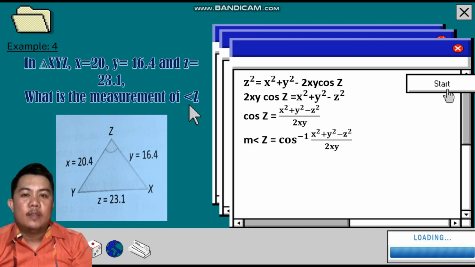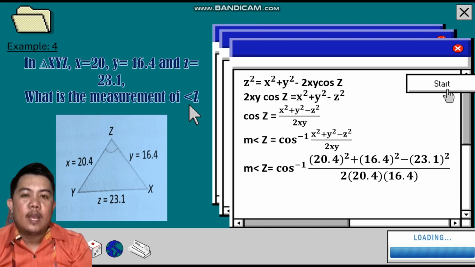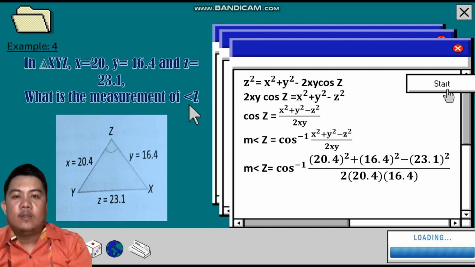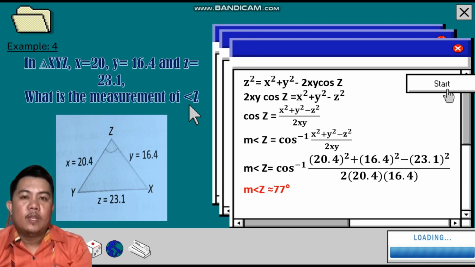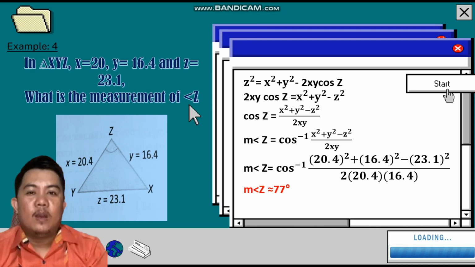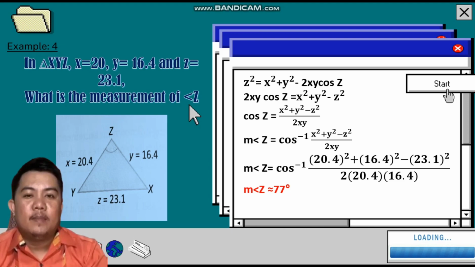Then, measure angle g is cos inverse of x squared plus y squared minus g squared over 2xy. Then, measure angle g is cos inverse of 20.4 squared plus 16.4 squared minus 23.1 squared over 2 times 20.4 times 16.4. So, we have the value of measure angle G approximately 77 degrees.